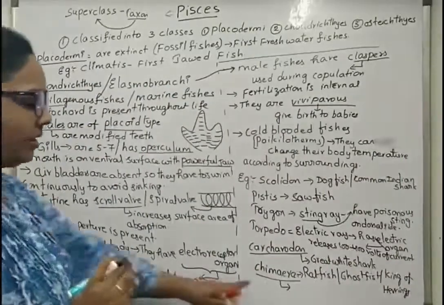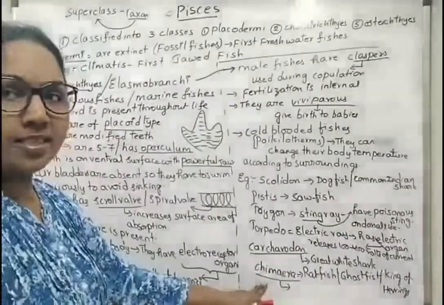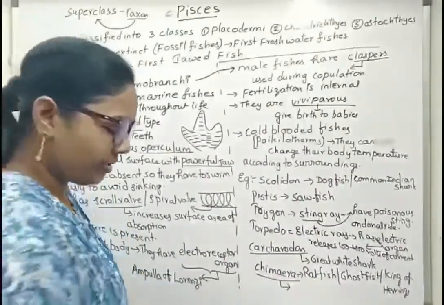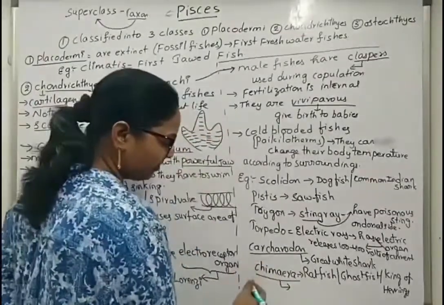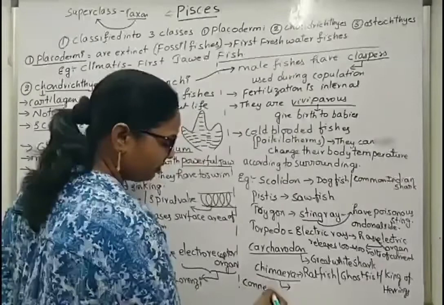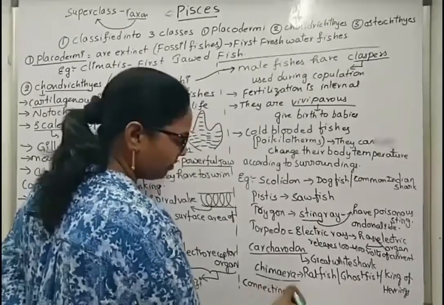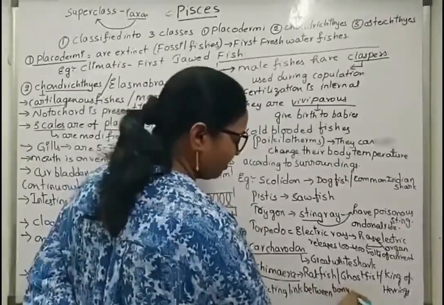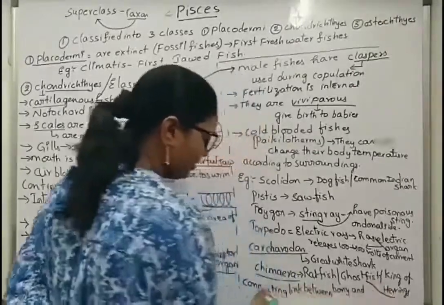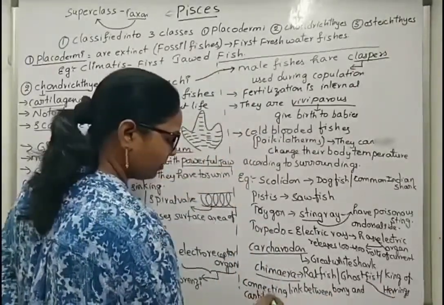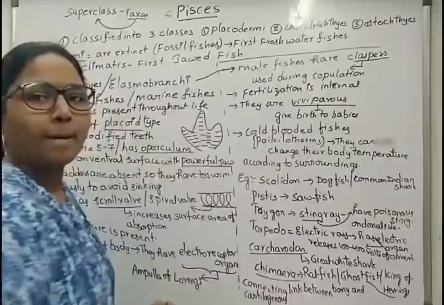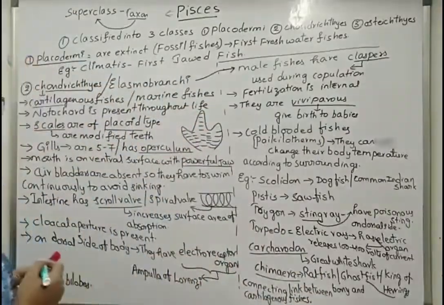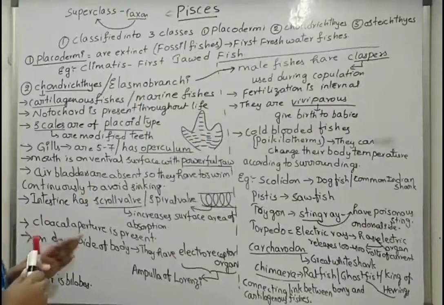So this Chimaera is considered a connecting link between Osteichthyes and Chondrichthyes, meaning a connecting link between bony fishes and cartilaginous fishes. In the case of Chimaera, the cloaca is absent, like that of bony fishes.